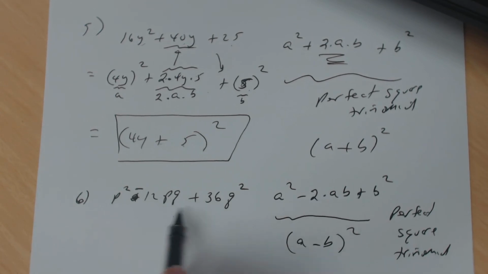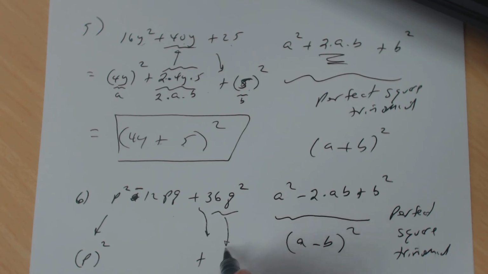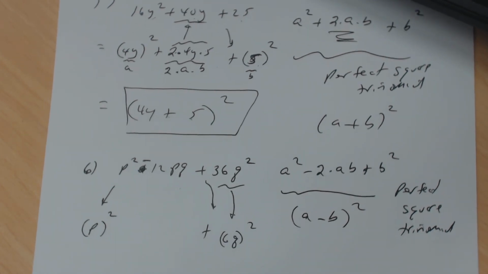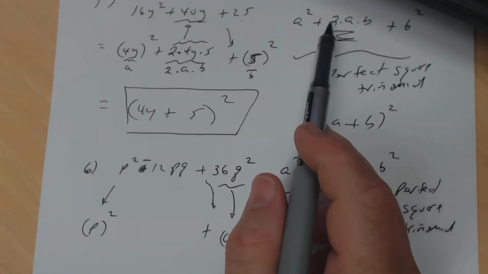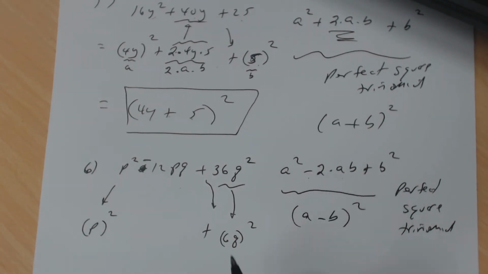All right, so let's see what we get here. So p squared, I can write as p in parentheses times itself. 36q squared is 6q in parentheses times itself. All right, so now I need to check for that minus 2ab.